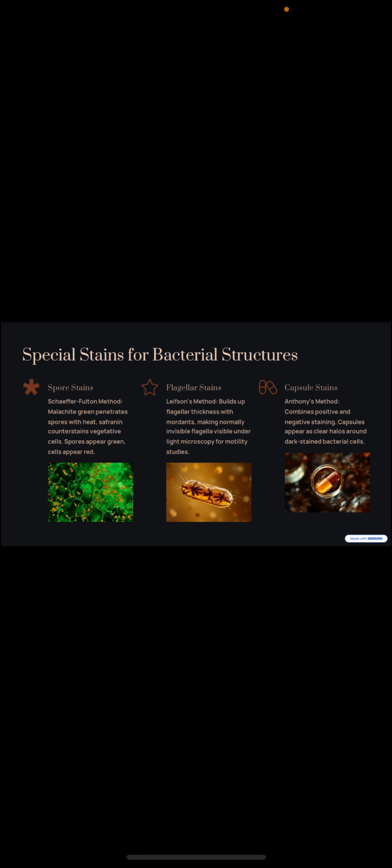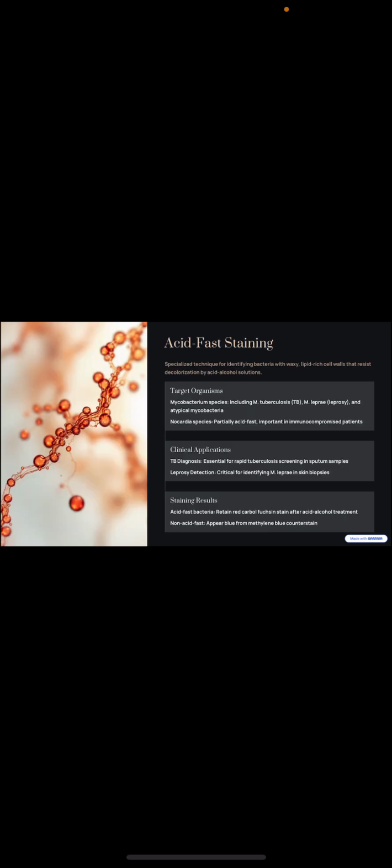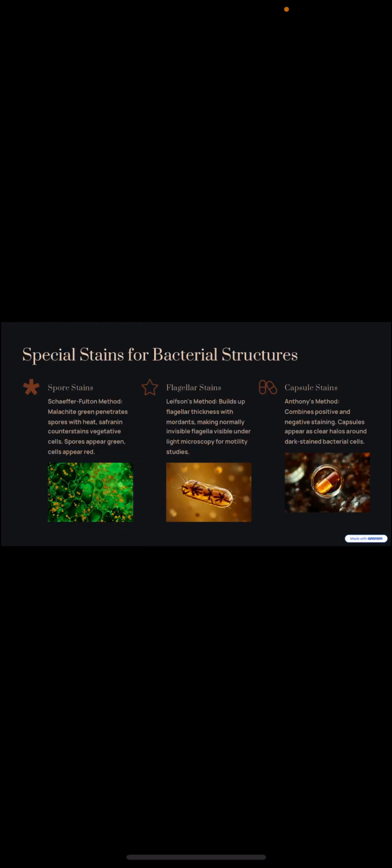Special staining technique refers to the group of staining techniques used to highlight specific structures. In order to identify specific structures or components of cells, tissues, or microorganisms that are not easily visualized with routine stains like gram or simple stain, a special staining technique is used.